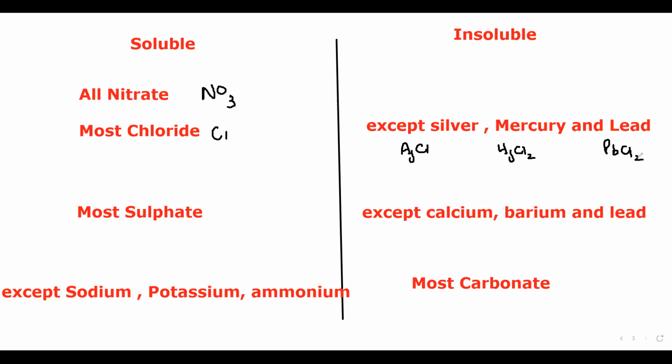These three chlorides do not dissolve. Most sulfates, most of the salts having SO4, are also soluble except three: calcium sulfate, barium sulfate, and lead sulfate. These are the three sulfates which are insoluble, and most of the carbonates are insoluble.